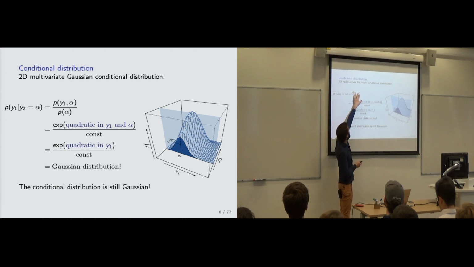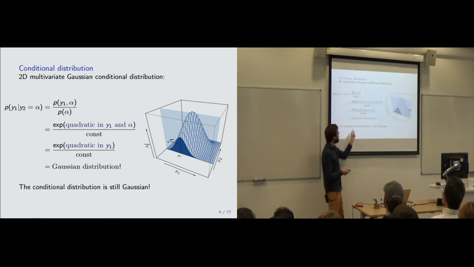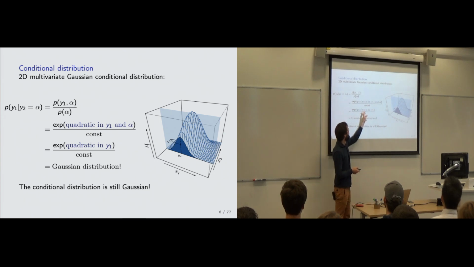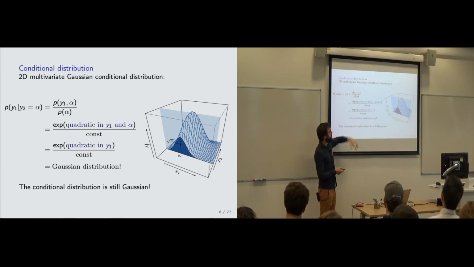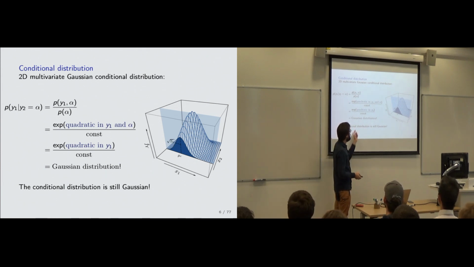If this is jointly Gaussian, then this will be the exponent of something that is quadratic in y1 and alpha. The terms in alpha I can just put into the constant, and I end up with something that is quadratic in y1. And I said earlier that the exponent of something quadratic is a Gaussian PDF. So the conditional distribution is still Gaussian.